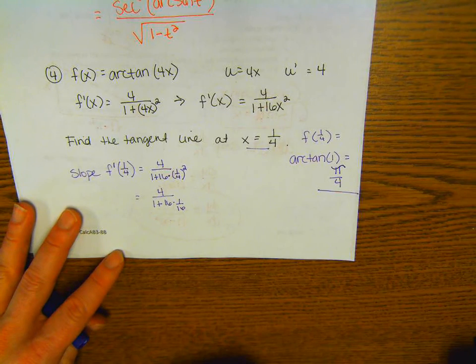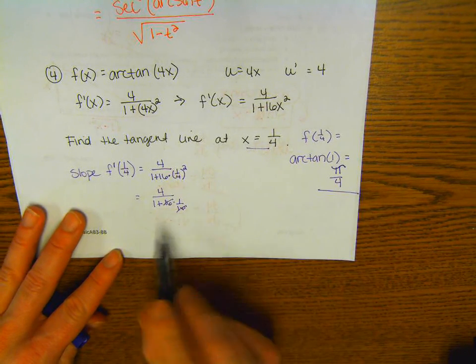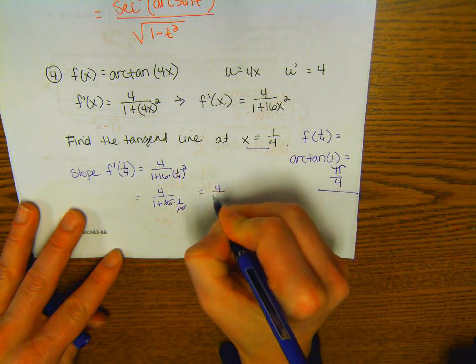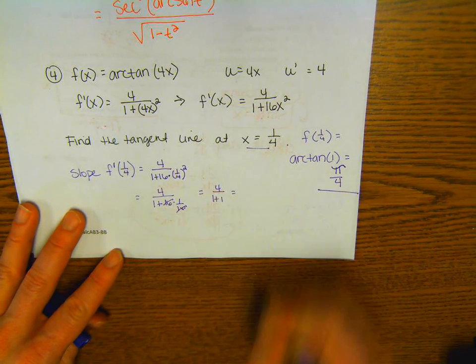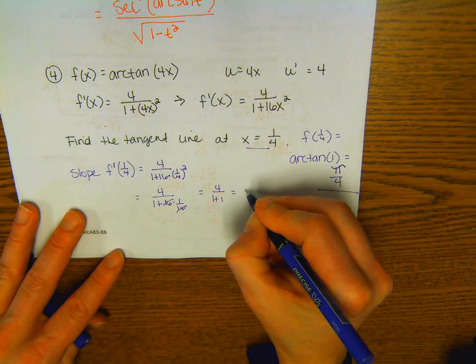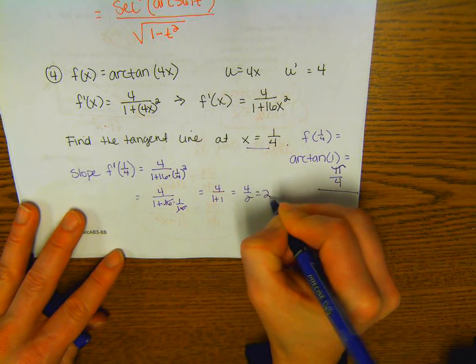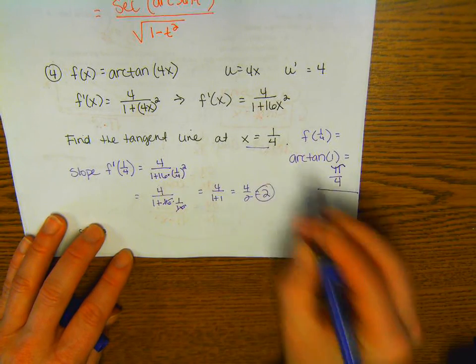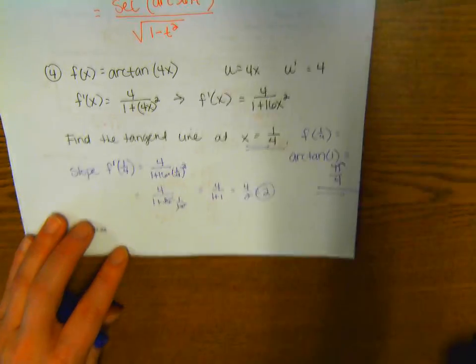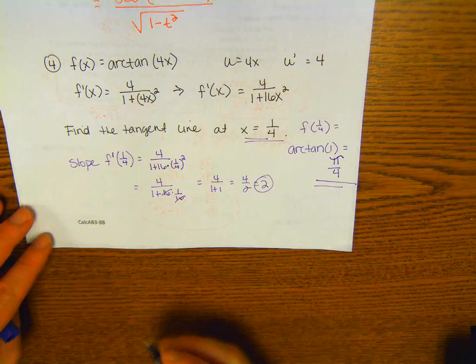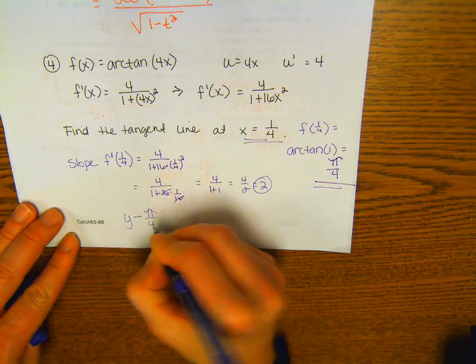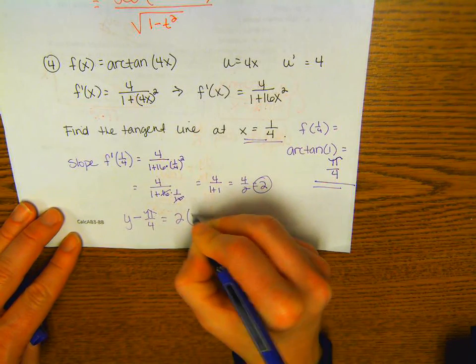So on the bottom, don't I get 1 plus 1? Which is 4 over 2, which is 2. Alright, so now I'm going to use my slope and my point. My tangent line would be y minus pi/4 equals 2 parentheses x minus 1/4.